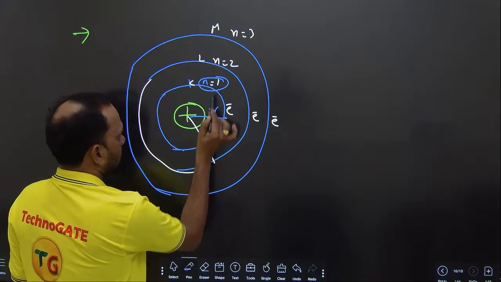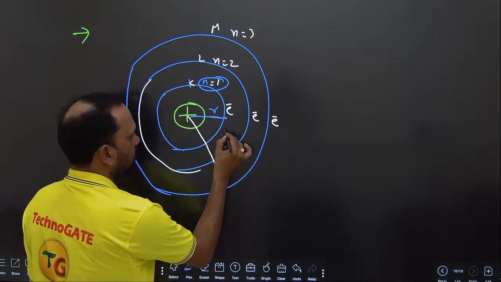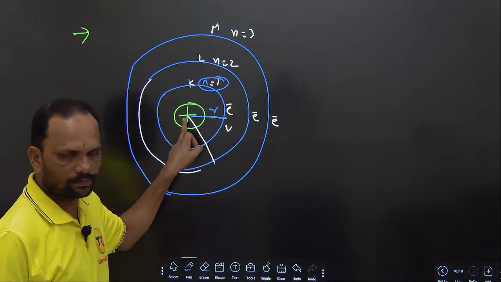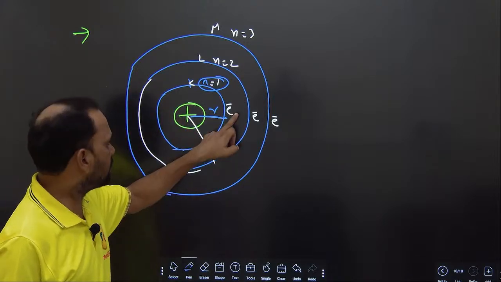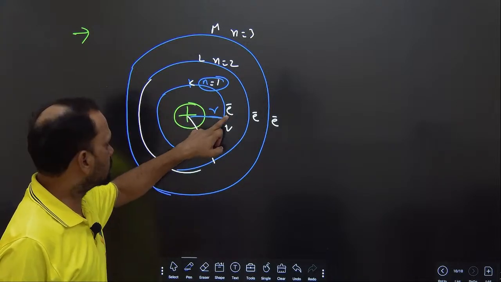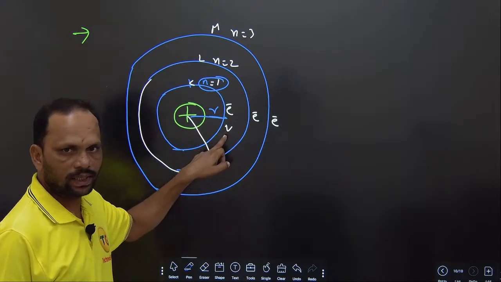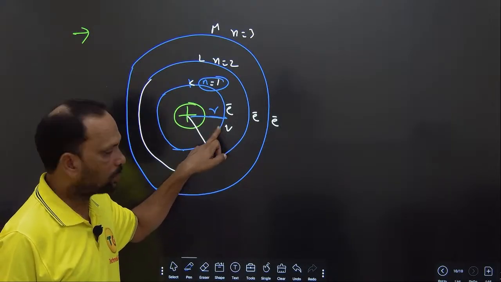For n is equal to 1, what is the radius? What is the velocity? If you observe here, this electron is very near to the nucleus. It is strongly bound by the nucleus, so it has more velocity, so more kinetic energy.